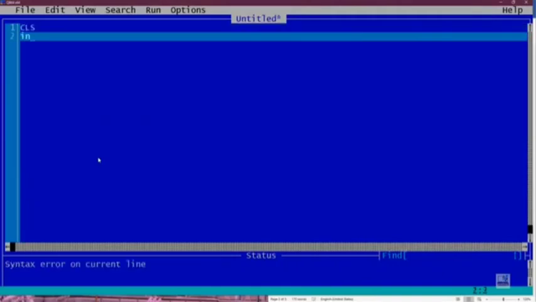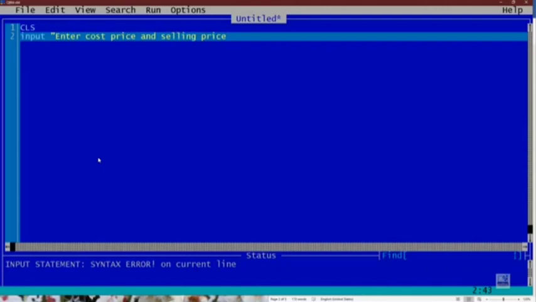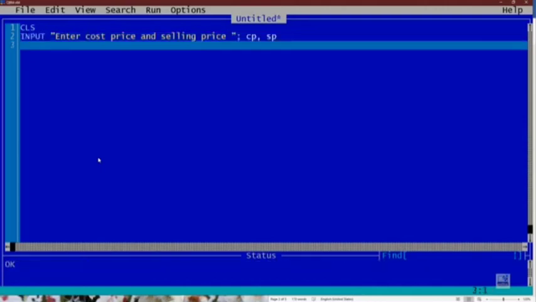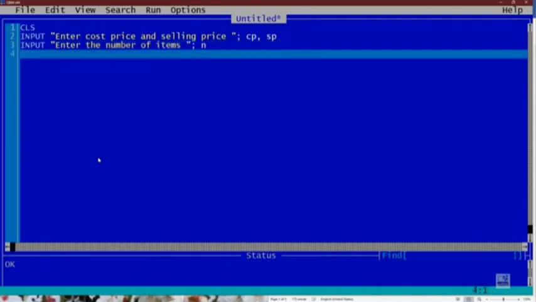CLS. Input, enter cost price and selling price, CP, SP. Then input, enter the number of items, N. Now from here we need to calculate the total cost price and total selling price.